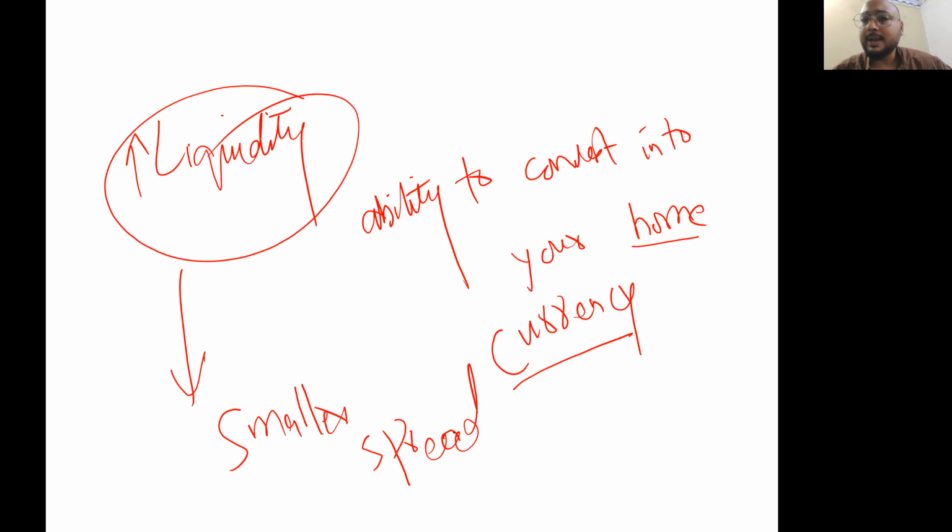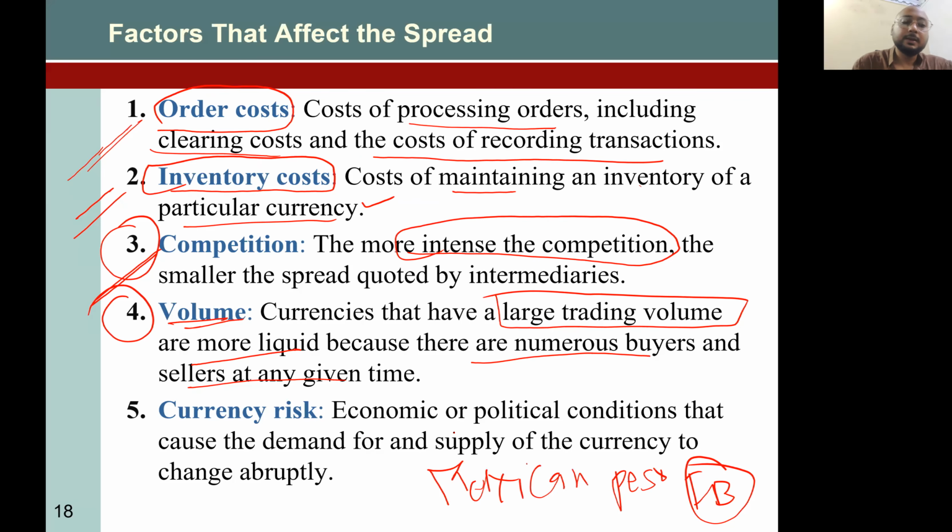The thing that is readily available, or that more people frequently trade in, has small profit margins, right? Why? Because many people want to sell it and many people want to buy it at the same time. So the spread between those two currencies decreases, which makes the bid-ask spread decrease, because volume is too high.